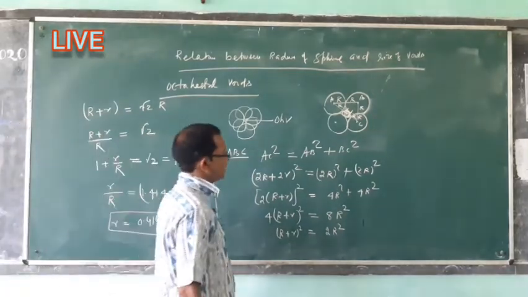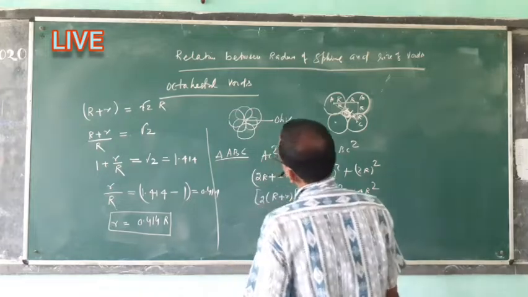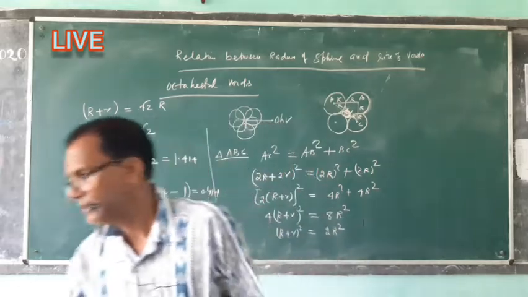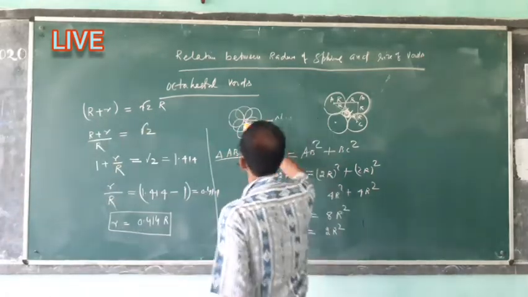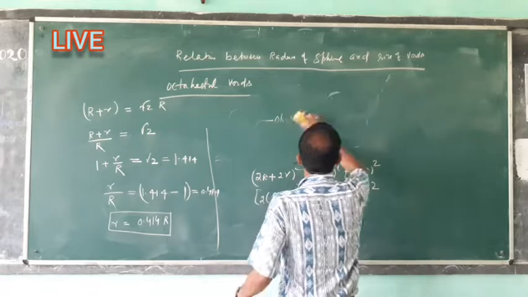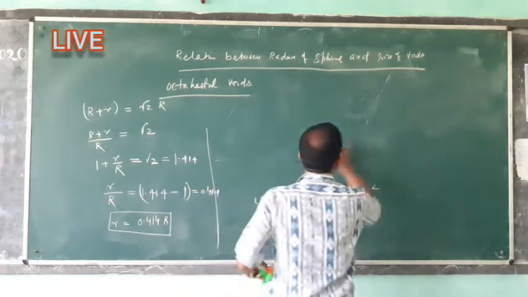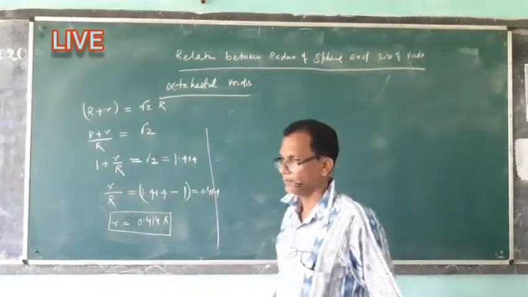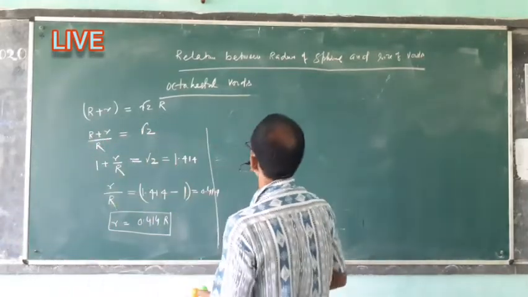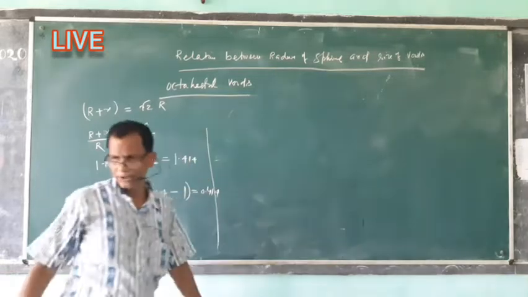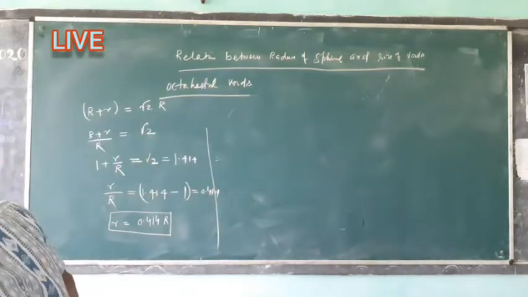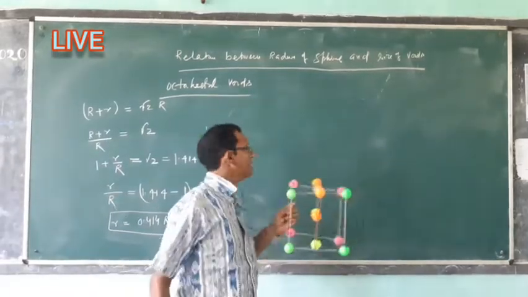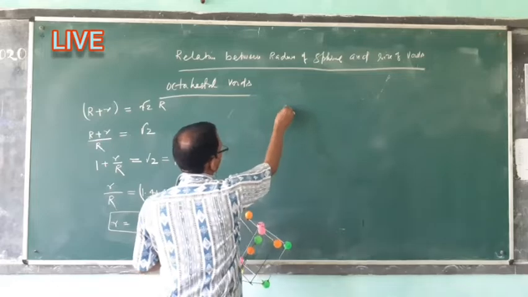Similarly, if you derive the relation for tetrahedral voids, the relation will be different. Suppose you see, tetrahedral voids are generally produced, as already known, between 4 spheres.